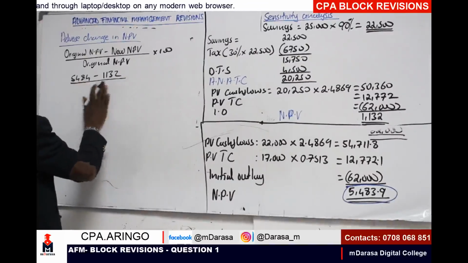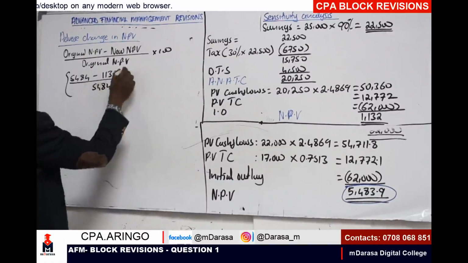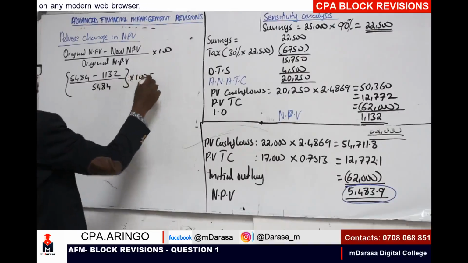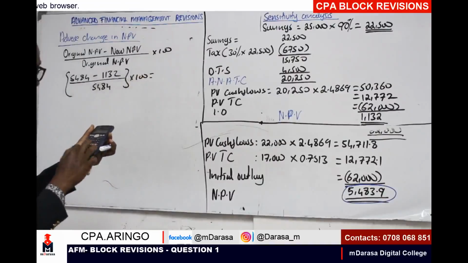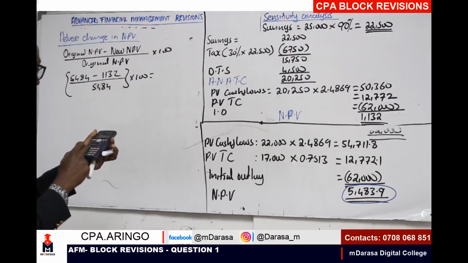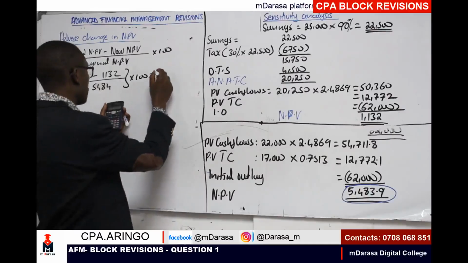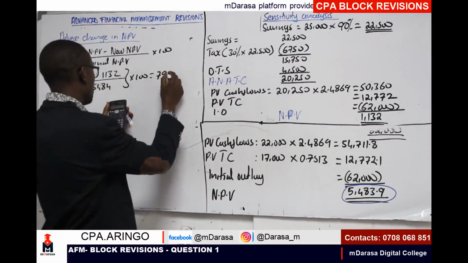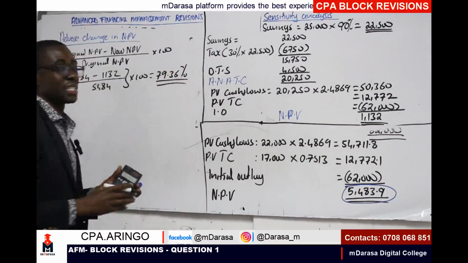So I'm having 54.84 minus 1,132, divide by 54.84, times 100. Those are very adverse: 79.36%. That is very bad.